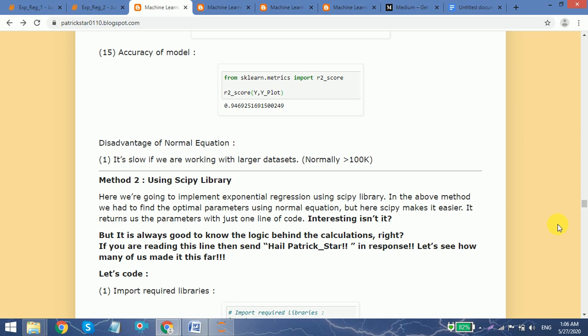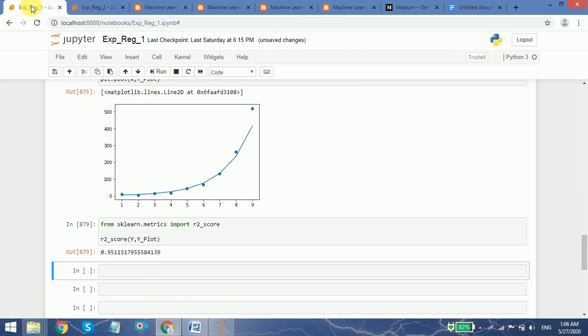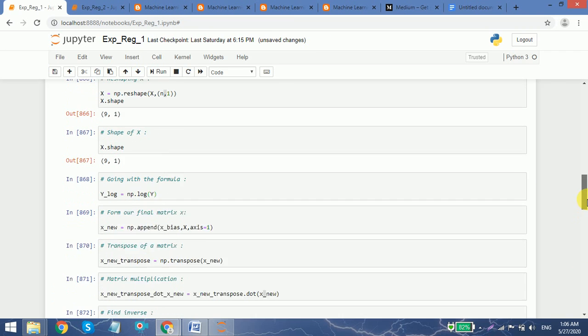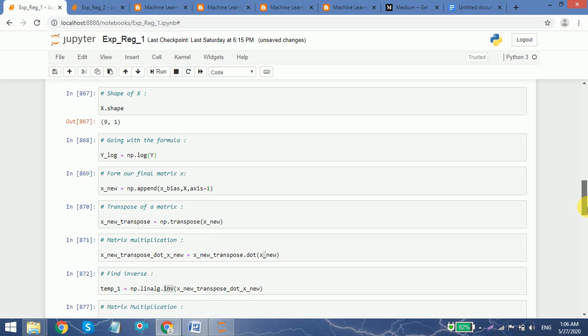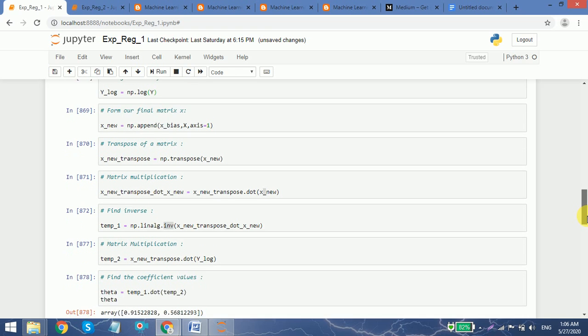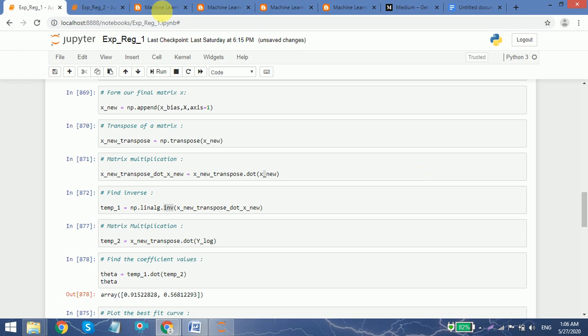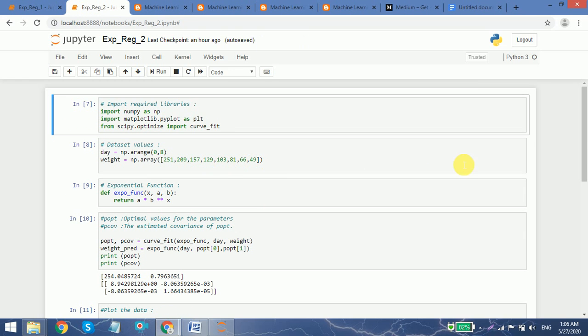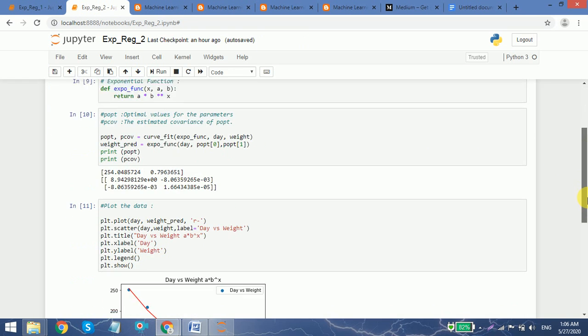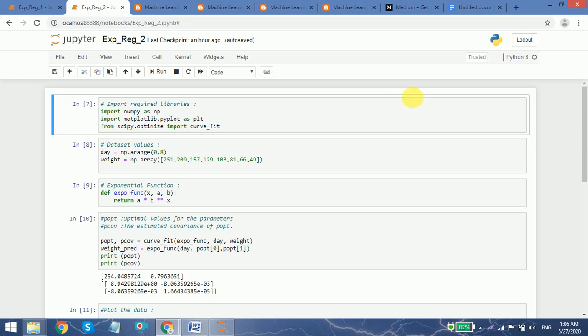In the first part, we saw how we can perform it without the SciPy library. So we had to perform all these operations to find the value of theta or our optimal parameters. But using the SciPy library, we get our optimum parameters in just 2 to 3 lines.